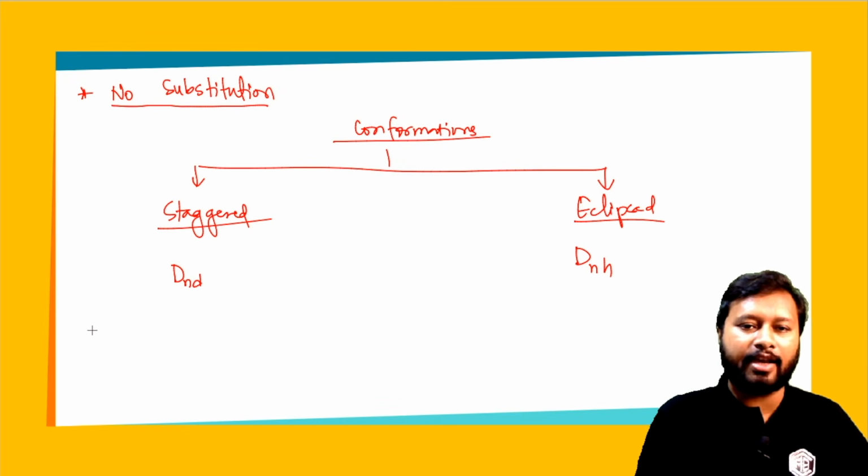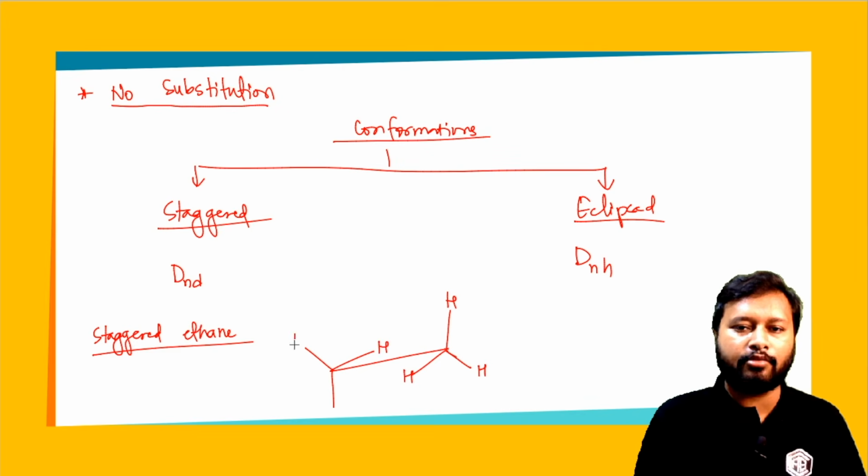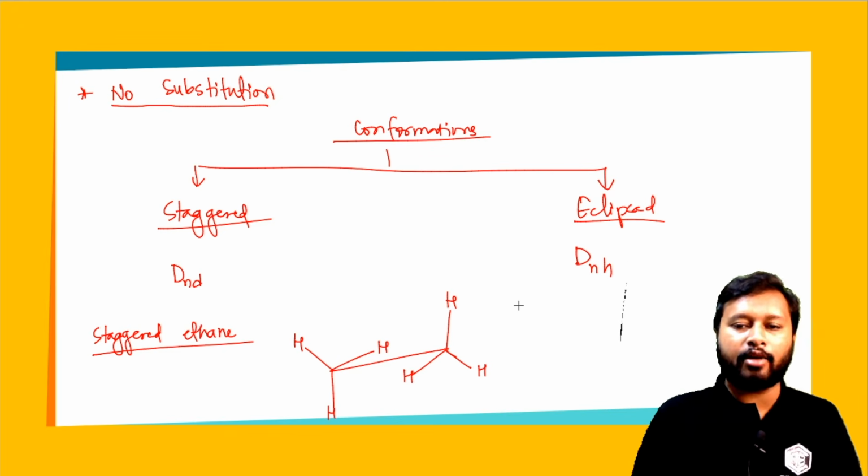For example, if I ask you to tell me the point group for staggered ethane, first of all you should be able to draw it. Staggered ethane will be drawn something like this. Now, I told you there should be no substitution, so of course there is none, only hydrogens are present. What should be the principal axis, or the value of n for this?